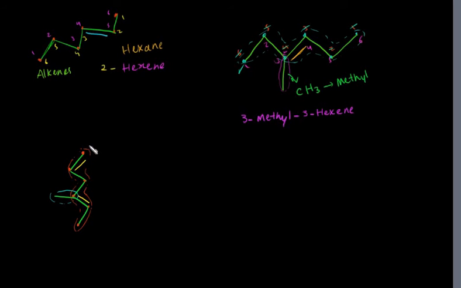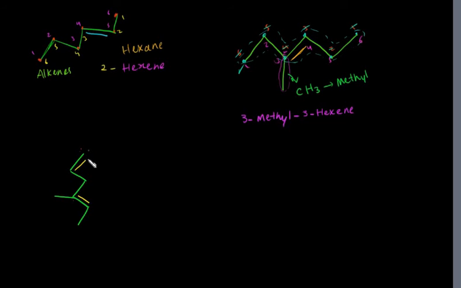From which side do I need to number this chain? Let's just number the chain, and as you can see we have more than one double bond here. There is one double bond here and another here. Let me clear this. Let's count or number the chain from the upside here.